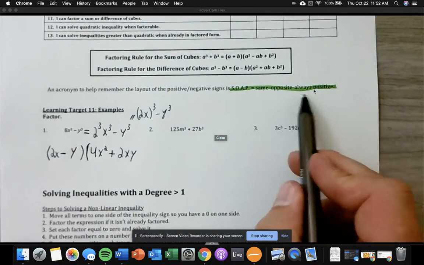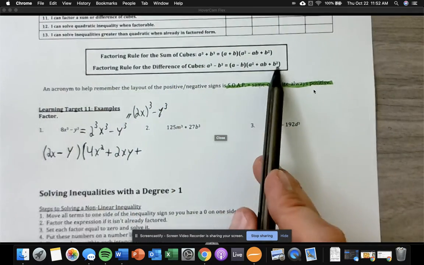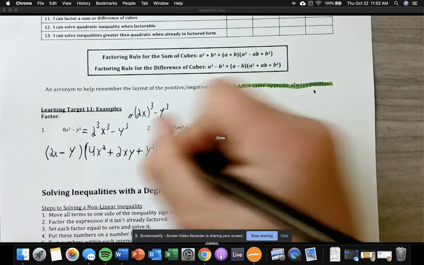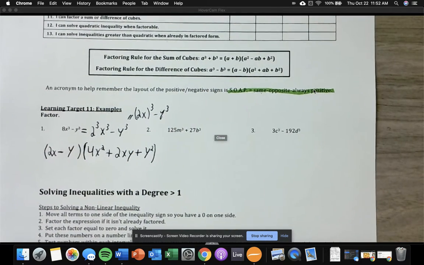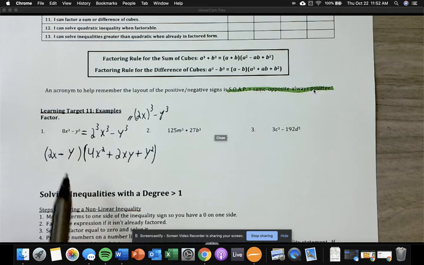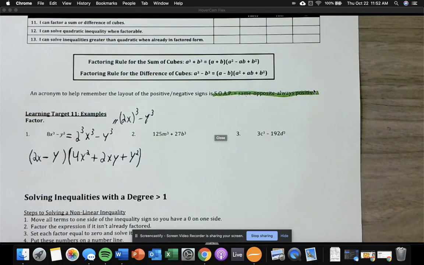And that's going to be plus, because it's always positive, b squared, which in this case is y squared. So our factored form would be 2x minus y times 4x squared plus 2xy plus y squared. All right, let's look at the next one.